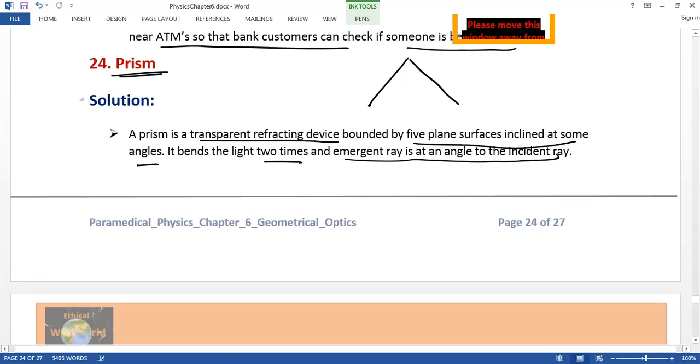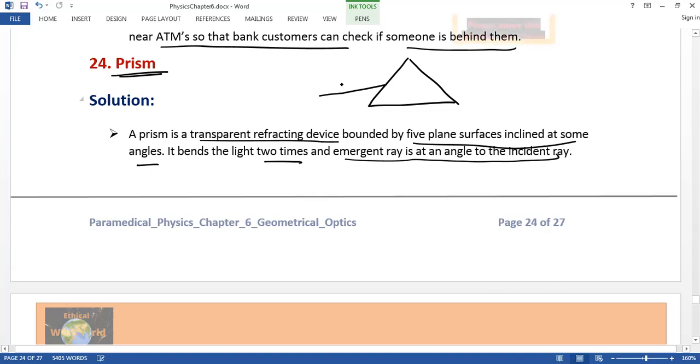Consider this is a prism, a transparent refractive medium. For example, when a monochromatic light falls on this, it splits into many colors, but let us not bother about that splitting of light and take only a single color.